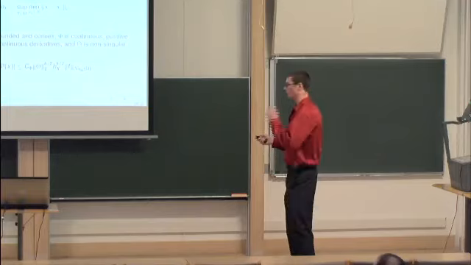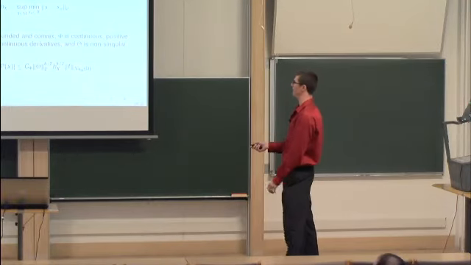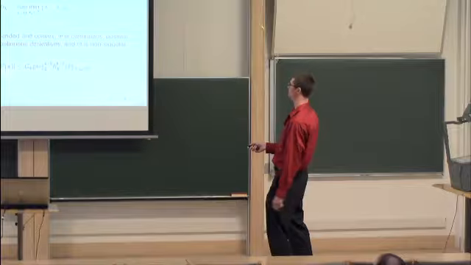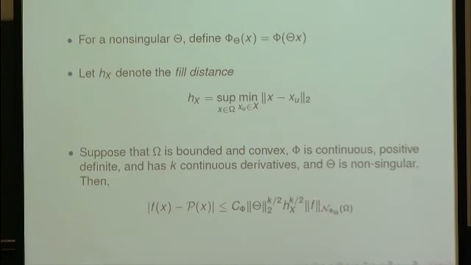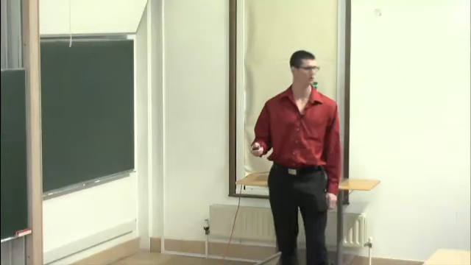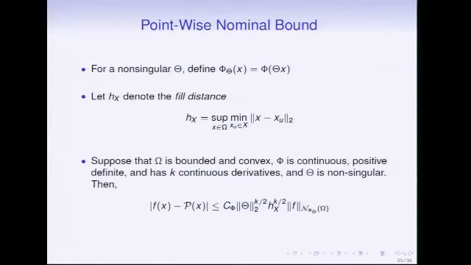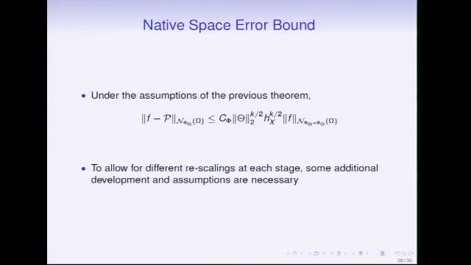So when I was working on this, I thought, well, okay, this is where I want to start from. So I can peel off one term at a time using this relationship, but then I've got an f minus a bunch of these things over here. So I need a similar bound for native space norms. And you can get that, it turns out that it looks like this.